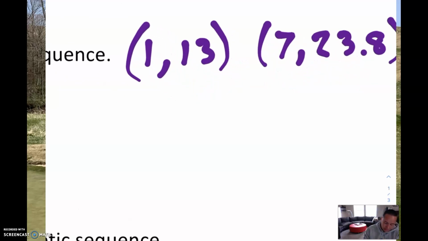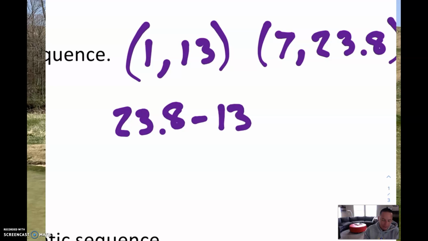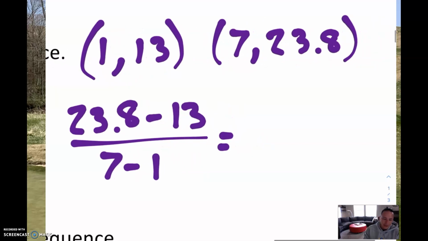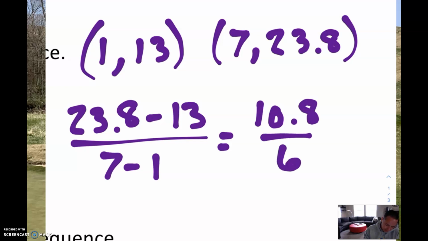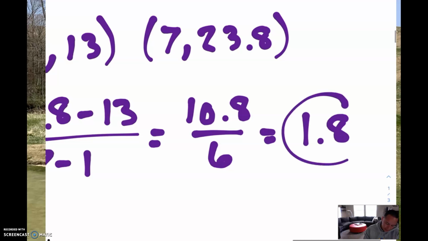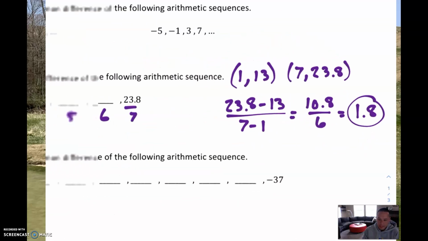So we can use the slope formula that I'm sure you've not used in a while: 23.8 subtract 13, y2 minus y1, over x2 minus x1. If you subtract those, you get 10.8 divided by 6, which gives you 1.8, and that will be your common difference.